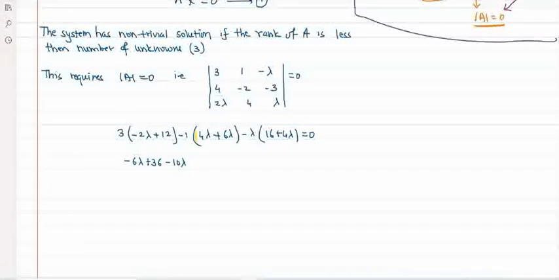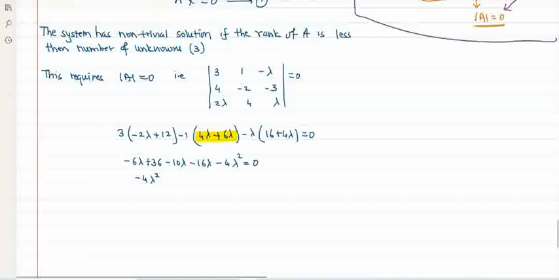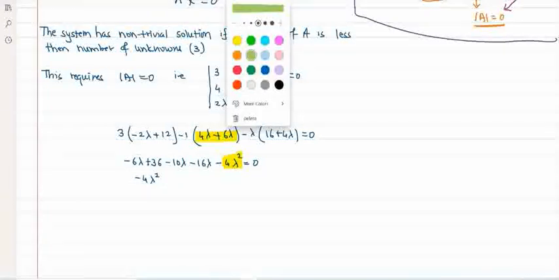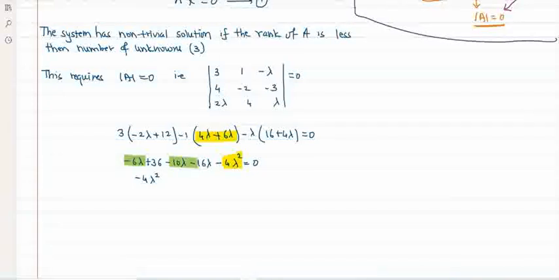These terms can be simplified together. And the last one, minus 16 lambda minus 4 lambda square equal to 0. That is minus 4 lambda square. First I am writing square term. After that, the terms containing lambda, that is minus 6 lambda, 10 lambda, 16 lambda. Get this? 32.